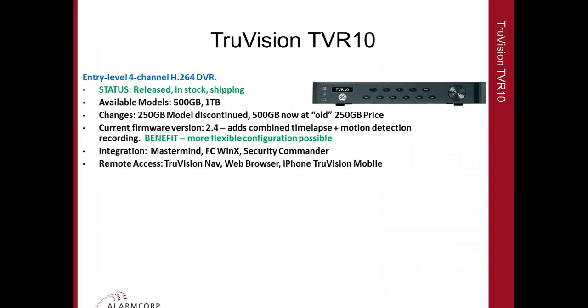As released, the product was version 2.0. Now version 2.4 adds a little bit more programming flexibility. It now permits you to do combined time-lapse and motion detection recording. And I guess a key benefit of that is that you do have more flexible configurations possible. Other than that, it is proven to be a very popular and very successful product.